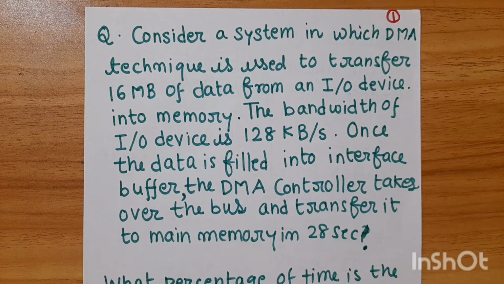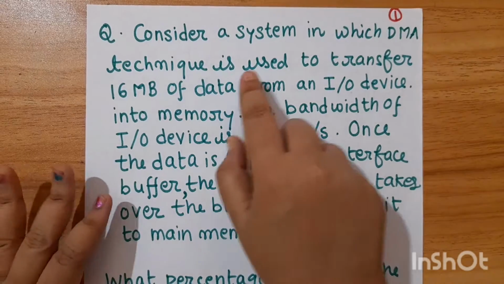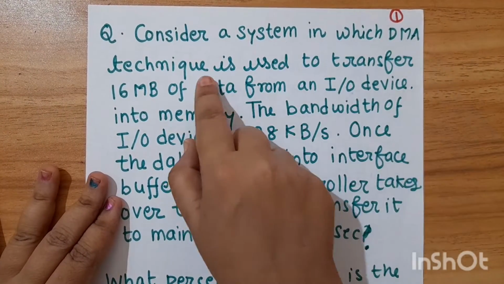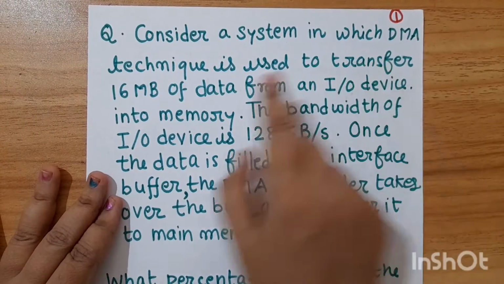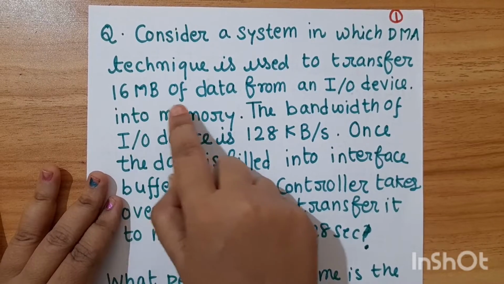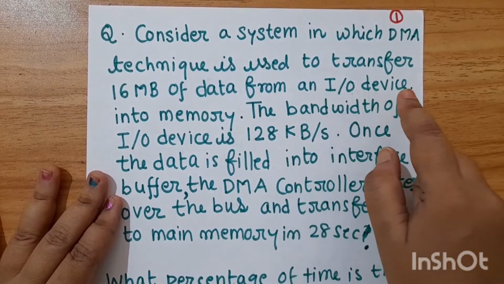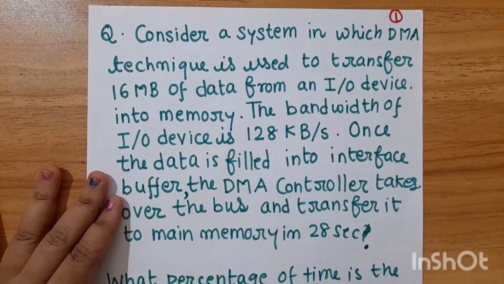Today we are going to solve a DMA technique related question which has been asked in GATE Computer Science examination. So the question is like this. Consider a system in which DMA technique is used to transfer 16 megabytes of data from an I/O device into memory.